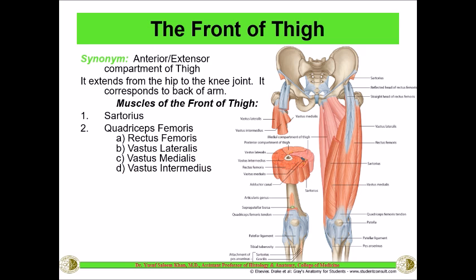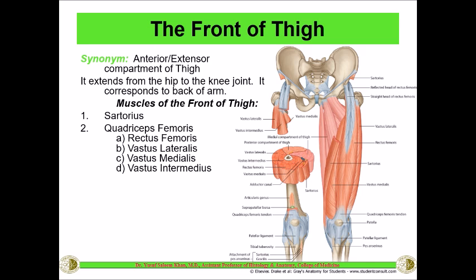Quadra means 4, ceps means heads. So it has 4 heads. So this is called the quadriceps femoris. If you recall, in the gluteal region, there is also a muscle called the quadratus femoris. So you should be able to differentiate between the quadratus femoris and the quadriceps femoris.